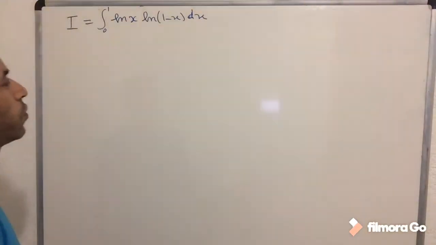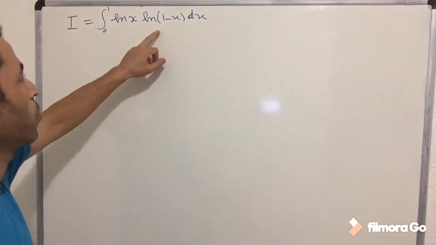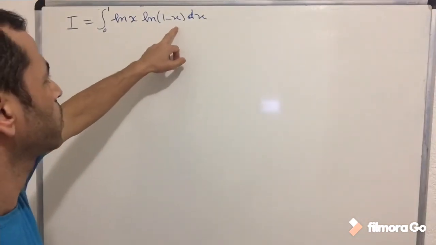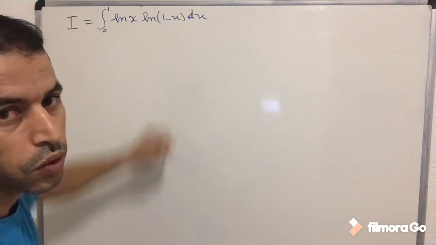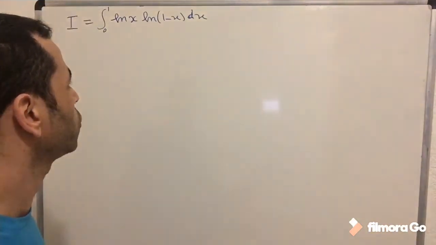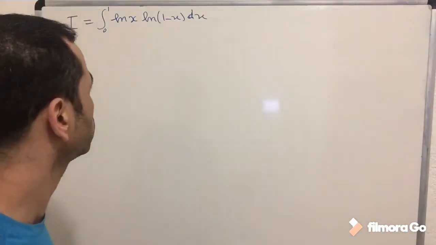Now if you take a look inside of the natural log, we see 1 minus x. Usually when we see this expression, we use the geometric series.